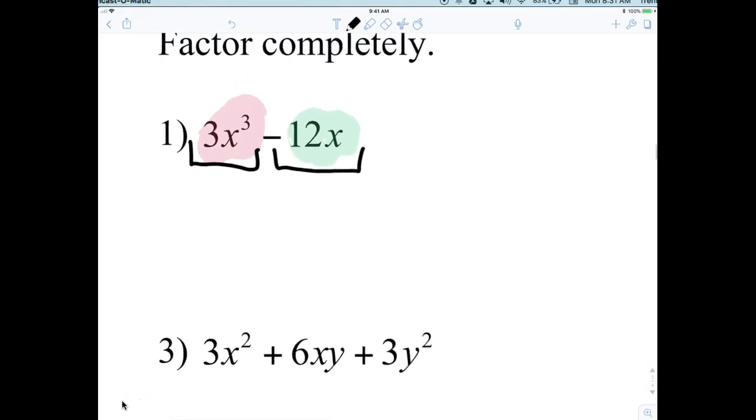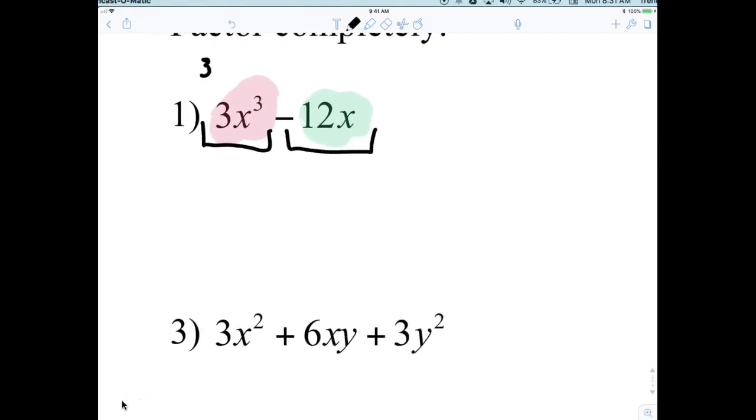So in this bucket we have 3 times x times x times x. Over here we have 3 times 4 times x. I'm actually removing the 3x from each bucket. Everybody agree with that? So I pull out the 3x from each bucket.